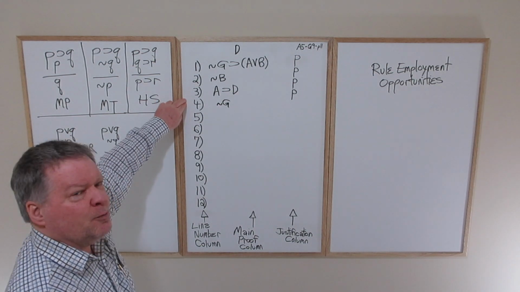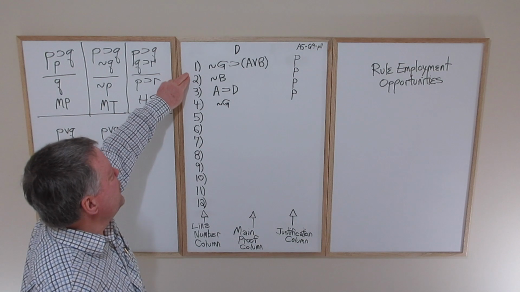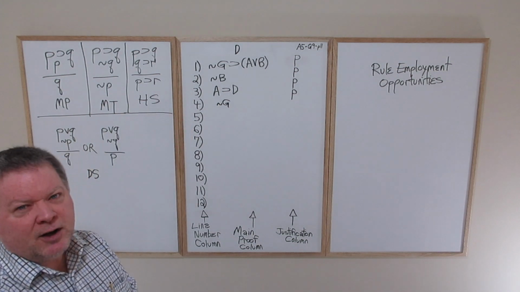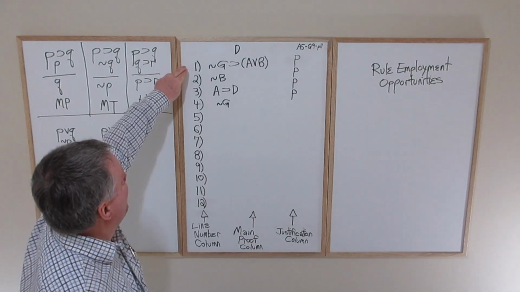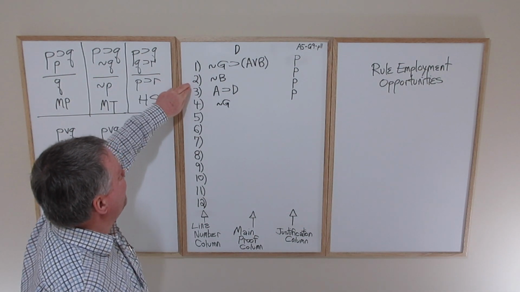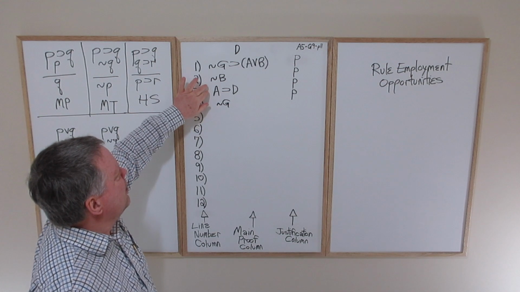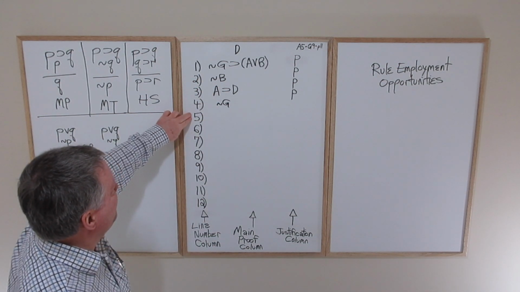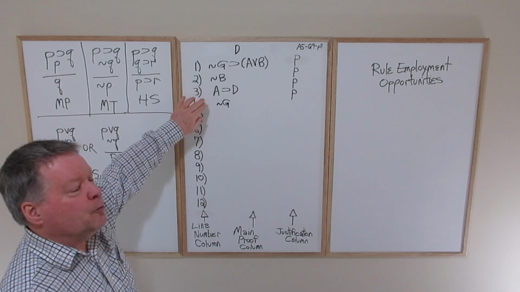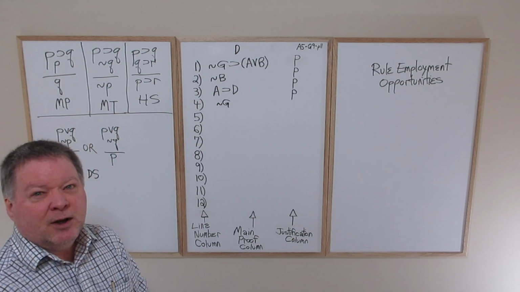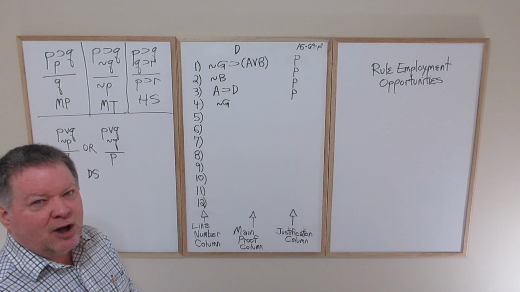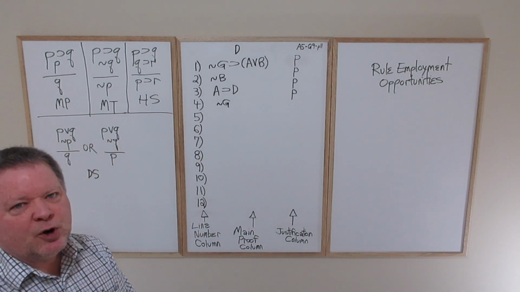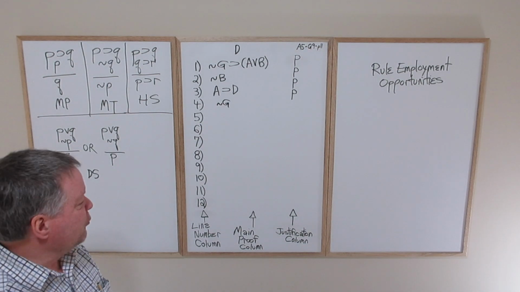The leftmost column we just call the line number column. So all that is a numbering of each of the individual premises on a separate line, and then once the premises have all been written out, there's going to be a number of additional lines that are going to be used for what are called lines of inference.